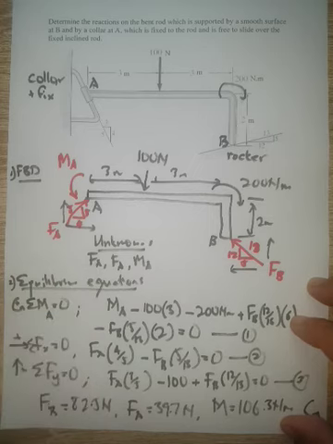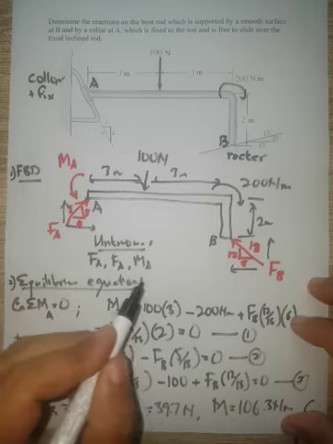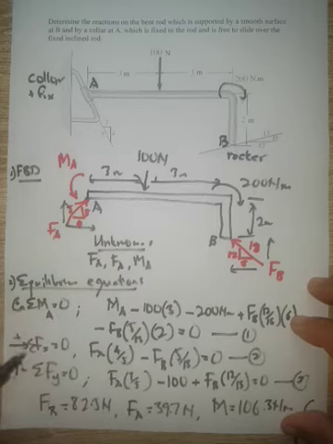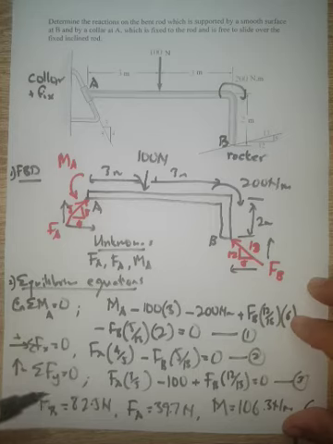You must remember that in 2D problems we can only find three unknown values, because the maximum equations that we can create are only three: the total moment equal to 0, total of force in X direction equal to 0, and total of force in Y direction equal to 0.